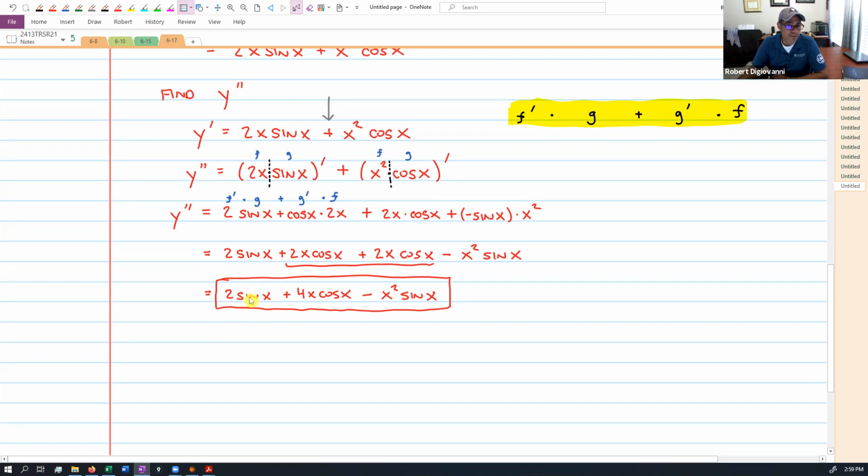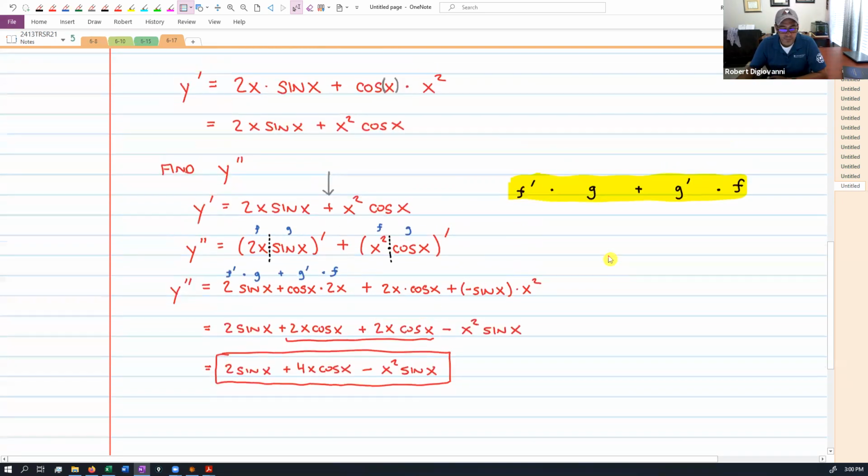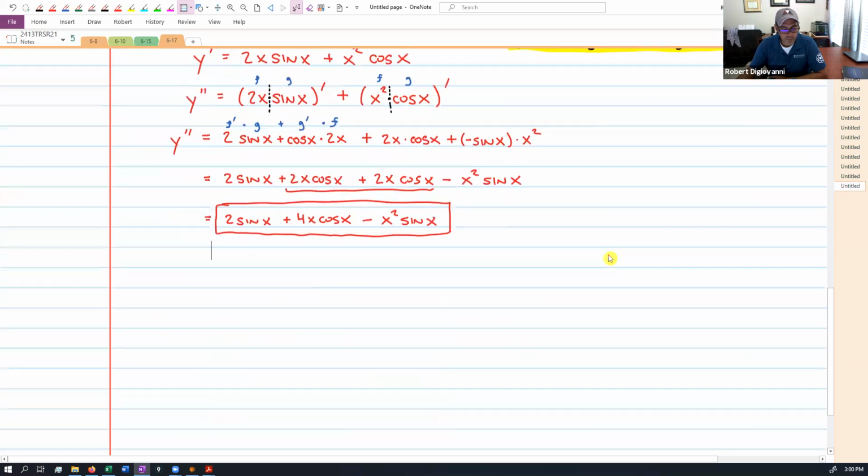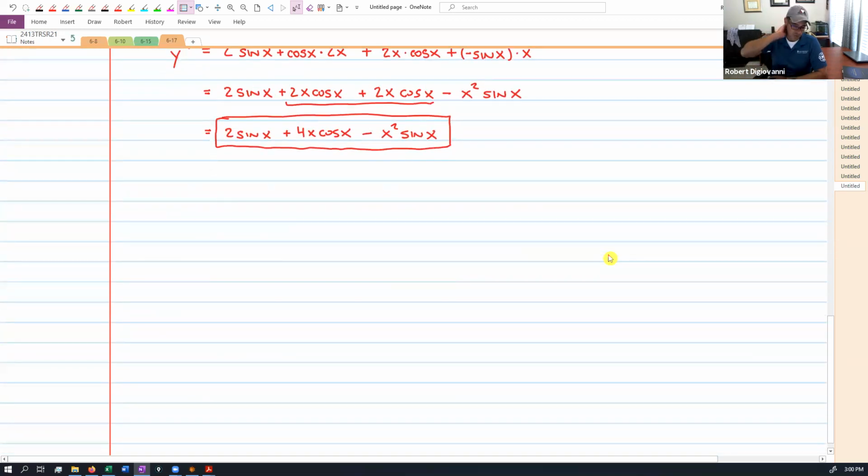We wouldn't have to do the product rule here. But here we would, because this is 4x times cosine x. And then here we have x squared sine x, we would have to do a product rule here. I'm not going to do it. I'm just trying to show you, you could keep going with this.